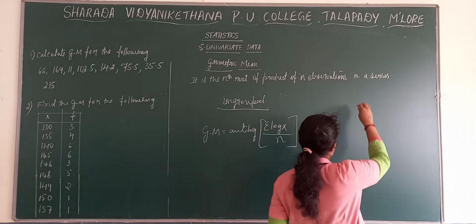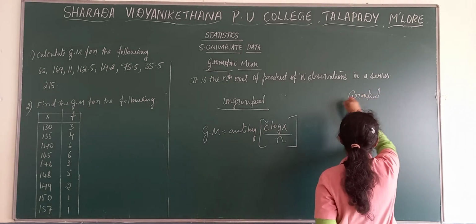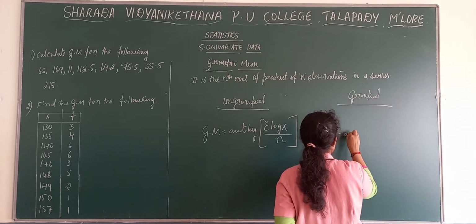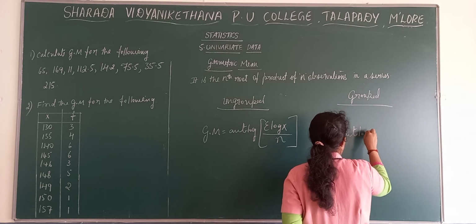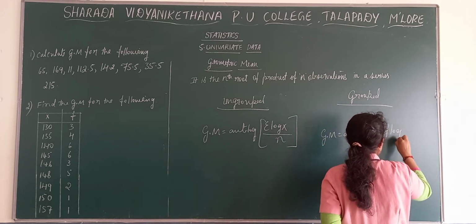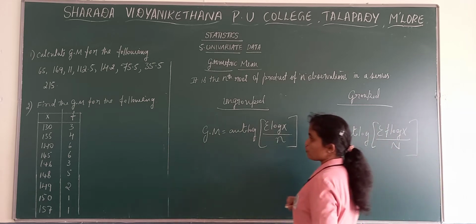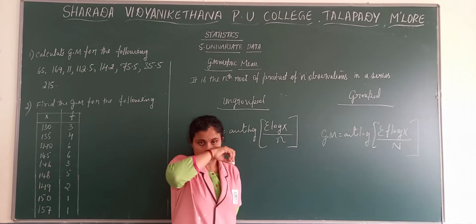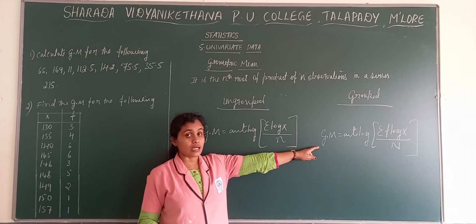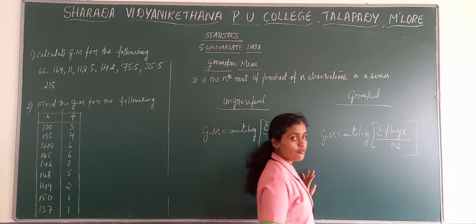If it is grouped, then the geometric mean is equal to antilog of sigma f log x divided by N. So this is the grouped formula. In case of grouped, discrete and continuous, you have the same formula.